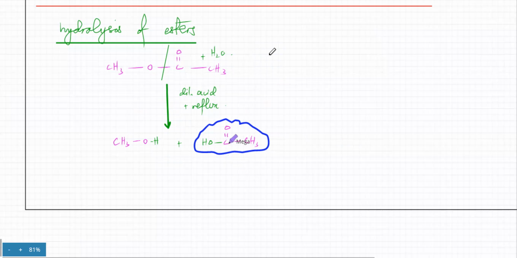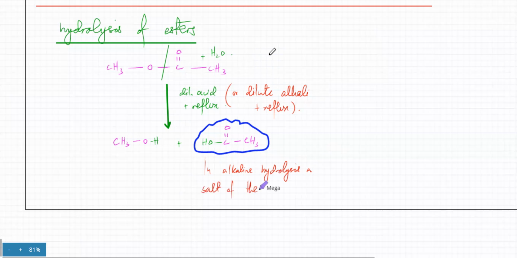So hydrolysis: dilute acid plus reflux, or you could use dilute alkali plus reflux. But in alkaline hydrolysis, a carboxylic acid is never formed. A salt of the carboxylic acid is formed.